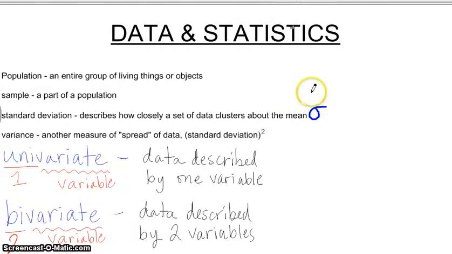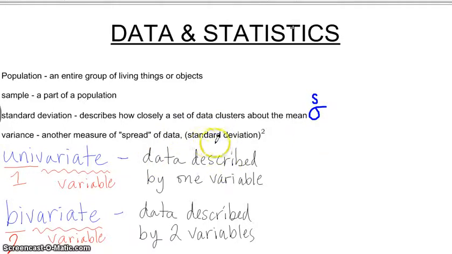There's sigma, the population standard deviation, and then you will also have sample standard deviation. Majority of the time, as far as I remember, you will see sample standard deviation used, but population tends to be like your entire group is what it refers to.